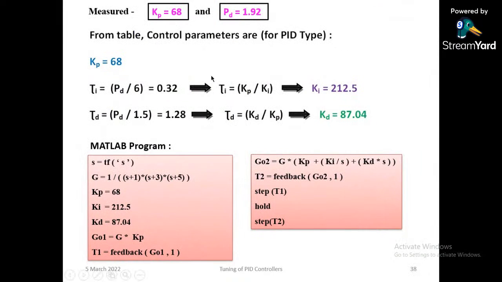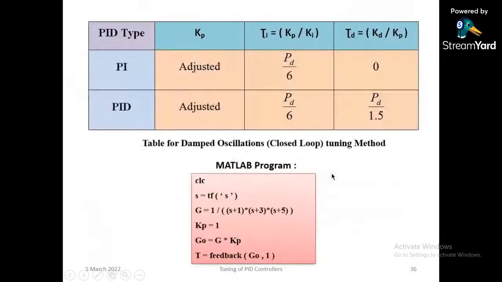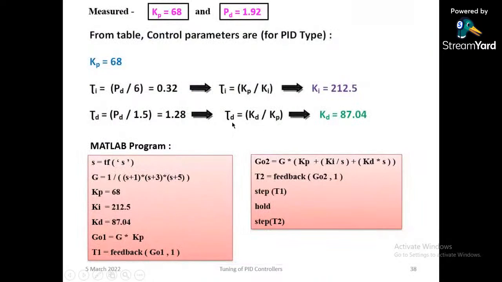Now next, 68 PD as a 92, and use that table. From that table, they said that tau I is equal to PD upon 6. Then tau D is equal to PD upon 1.5.